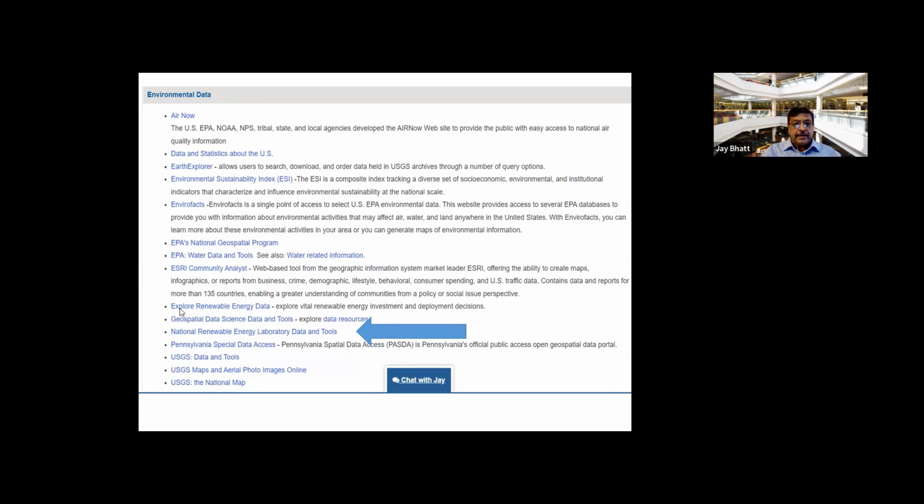Now environmental data and renewable energy data, geospatial data, National Renewable Energy Laboratory data, and so on. And considering the increased emphasis on climate change, sustainability, renewable energy, energy storage kind of initiatives at Drexel, I thought that maybe I'll take that as an example and see what we can discover.